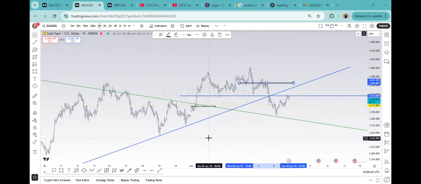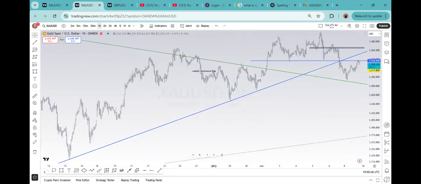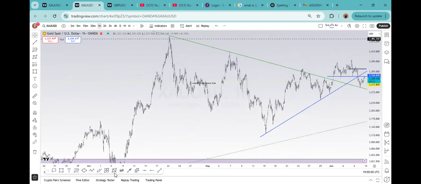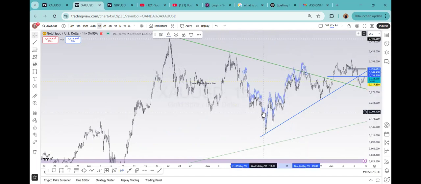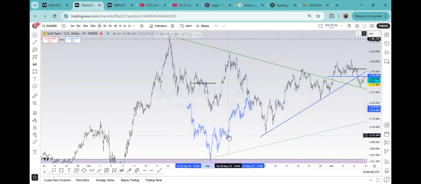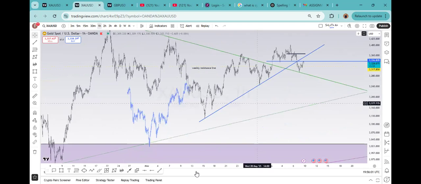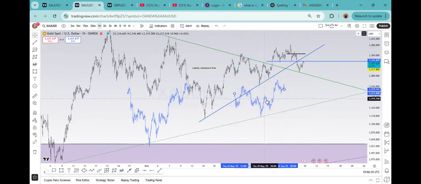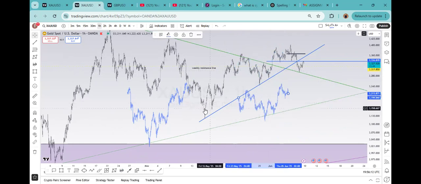The fractals that I was talking about, I actually saw a good example on the current structure of gold, to be able to validate what that is. This is just a smaller structure of what happened.